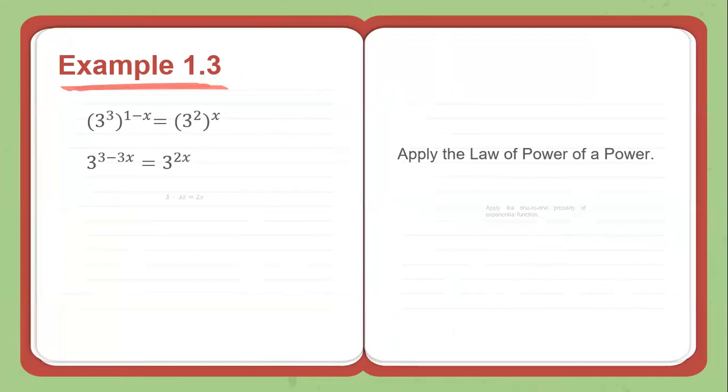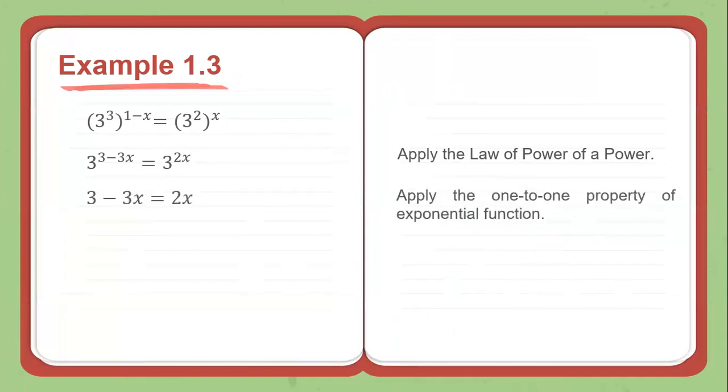But before that, we have to also apply the law of power of a power. That's one of the laws of exponents that I highlighted earlier, by which we have to multiply the exponent 3 and 1 minus x, giving us 3 minus 3x. And in the right side of the equation, we have to multiply 2 and x, giving us 2x.